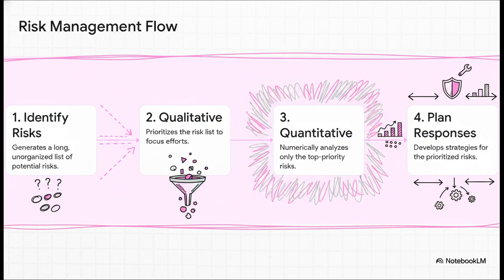You'll find this process squarely in the planning process group. The best way to think of it is as a critical bridge. It connects the initial activity of identifying all possible risks to the later, more focused activities of deep numerical analysis and response planning. It directly answers the question, of all these risks we've found, which ones demand our immediate attention?